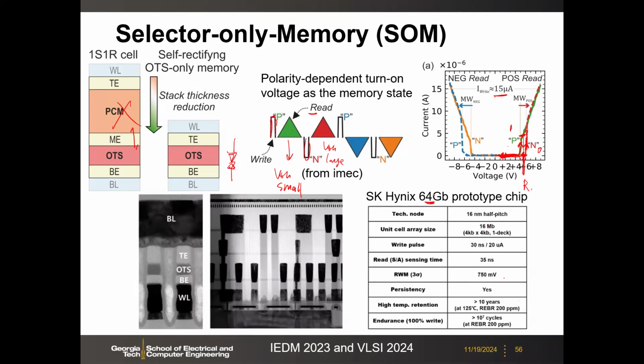It's a very large chip, and the F is 16 nanometer. And you see the red pulse is only like 20 micron. This is one of the big challenges, as we mentioned, for the phase change. And retention seems okay, and endurance of 1E7 seems reasonable.